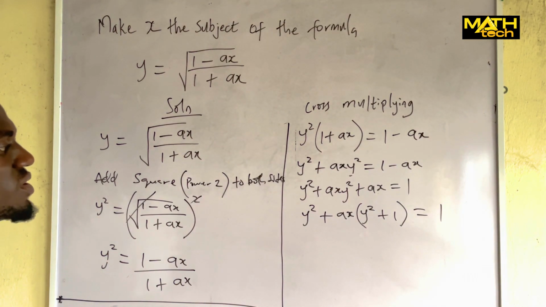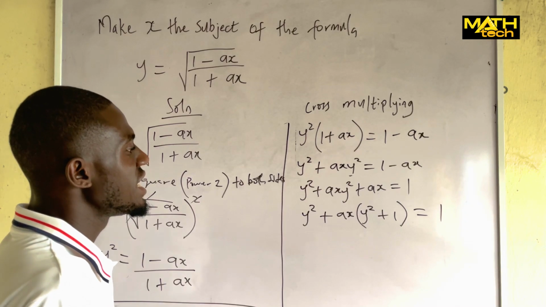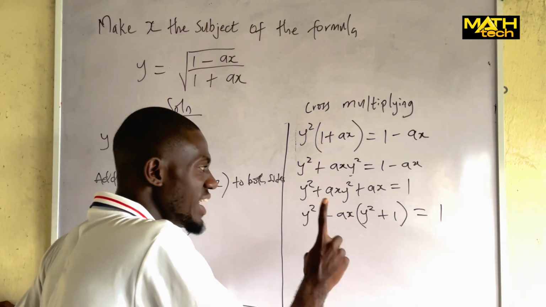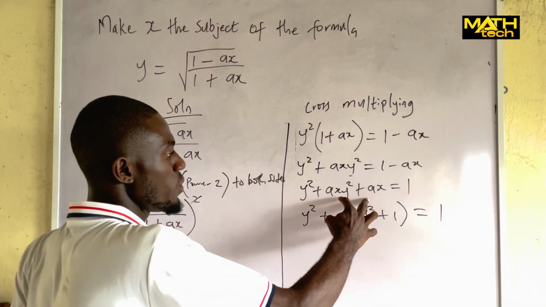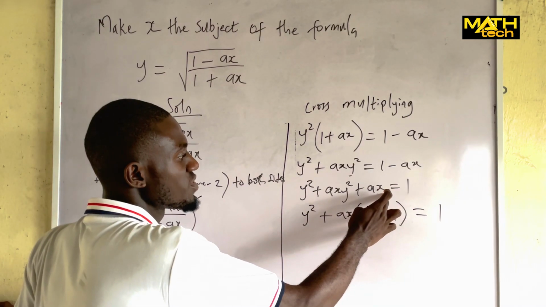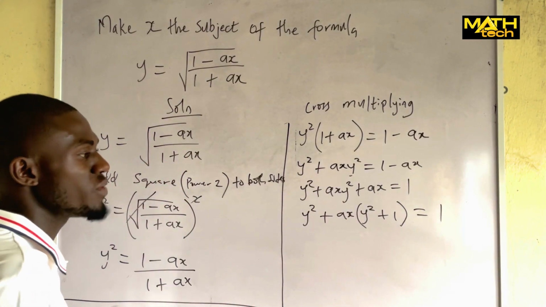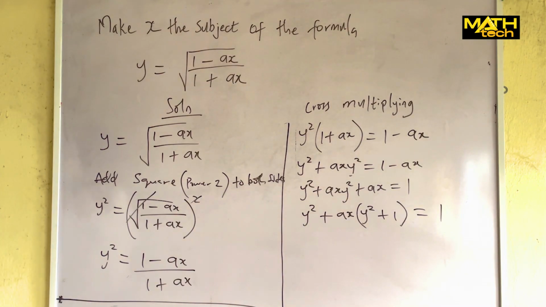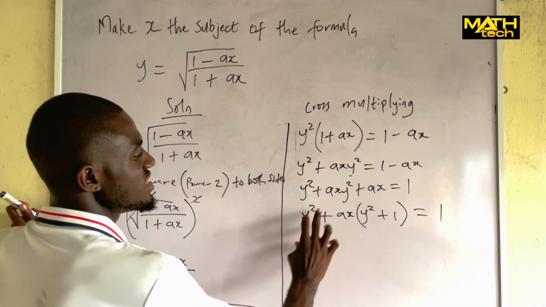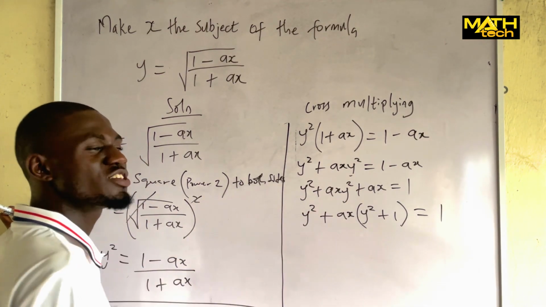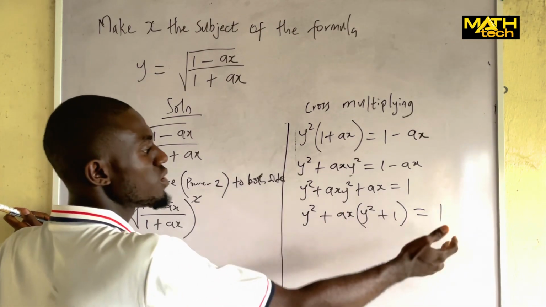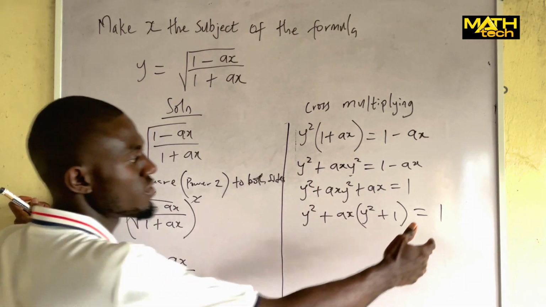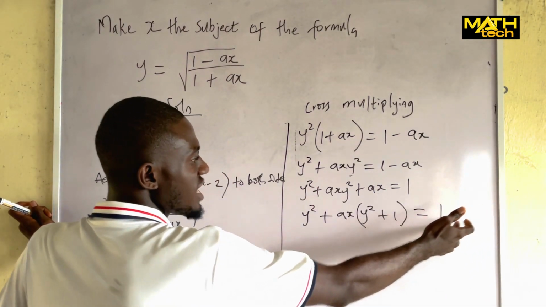So let's go to the next line. What do we do now? Since we have finally had just one x, where previously we had x here and x here, so we were having 2x, but finally we have succeeded in having just one x. So the next step is that we move this other variable that is not x to the other side, which is the right hand side.